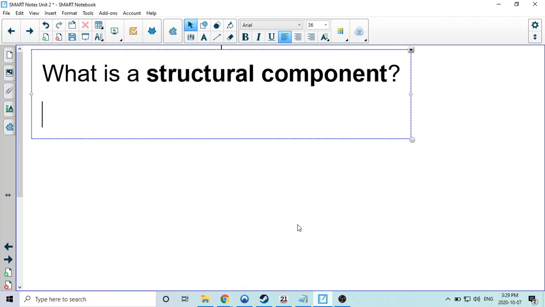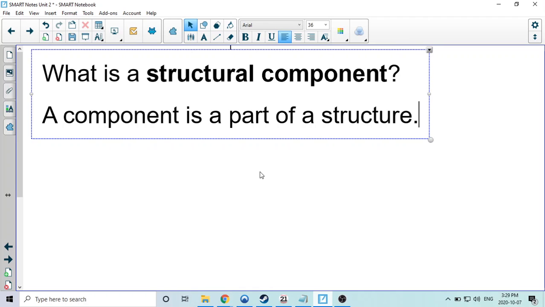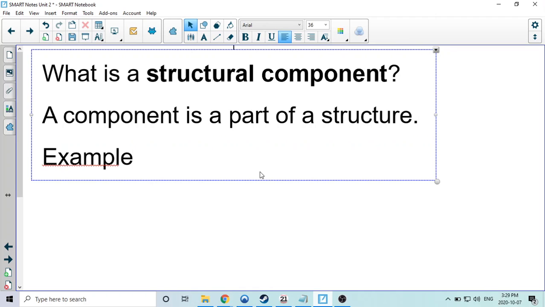So what is a structural component? A component is a part of a structure or a piece of a structure, right? For example, let's say I have a desk in front of me.